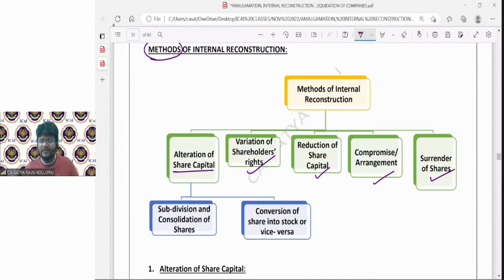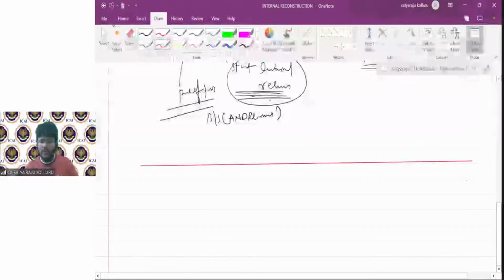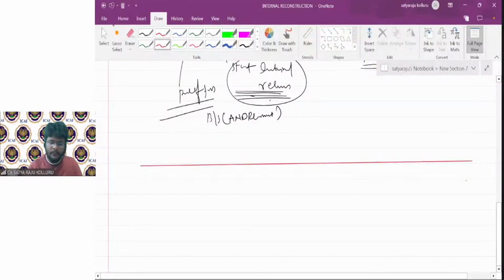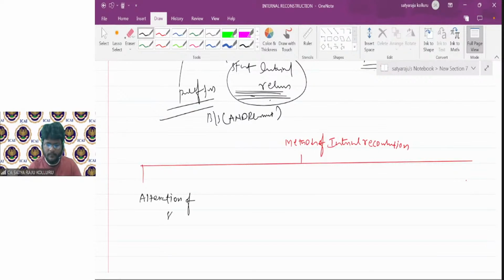Sir, one by one, let us discuss quickly, guys. Come to my OneNote again. These are the methods of internal reconstruction. Alteration of share capital. Next, variation in shareholders' rights.